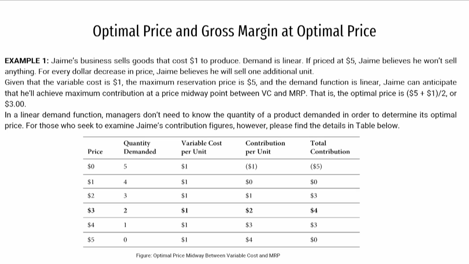So, we can see that at $3, we are maximizing the total contribution, that is $4, right. So, this empirical data displayed in this table reinforces the formula that we have used for calculating the optimal price when the demand is considered to be linear.